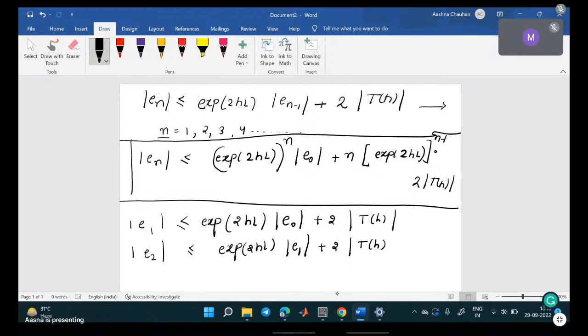Also, I can write this E1 in terms of E naught by substituting this inequality here.